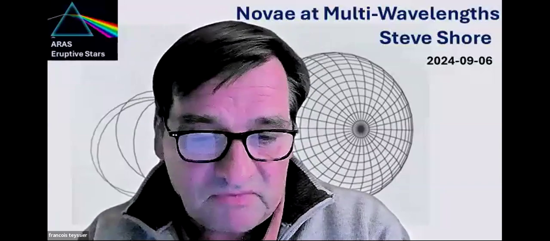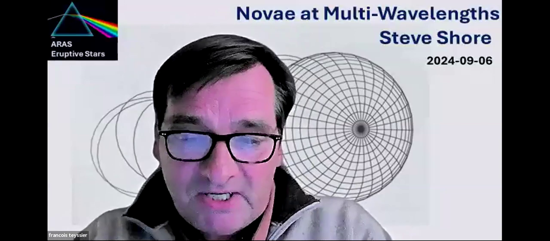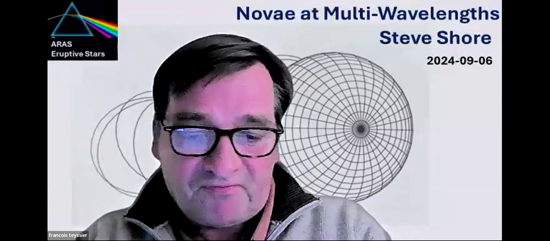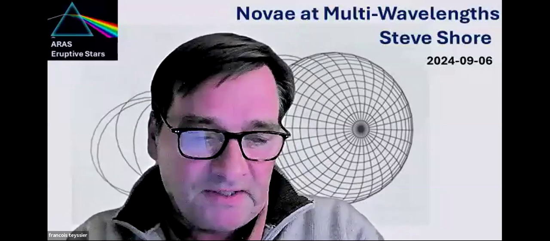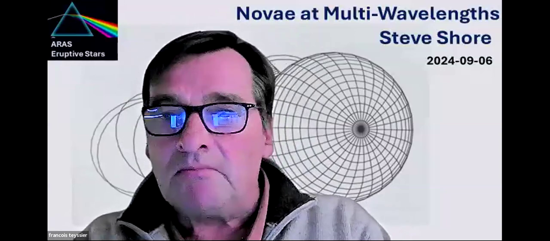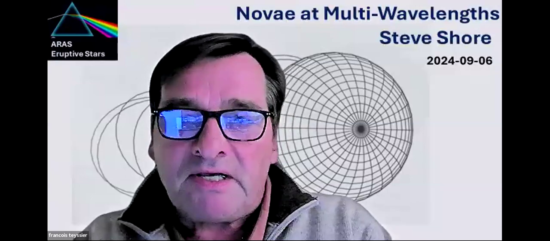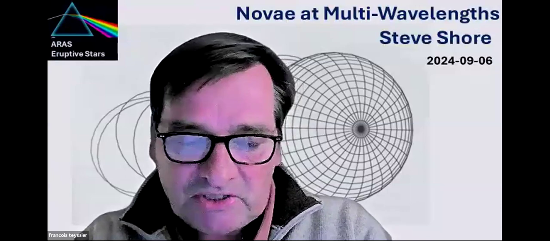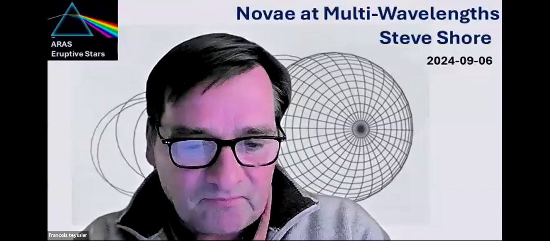2012. But beyond the visible, the nova phenomenon manifests itself over the entire range of the electromagnetic spectrum, from gamma rays to radio domain, providing essential information for the understanding of the phenomenon.